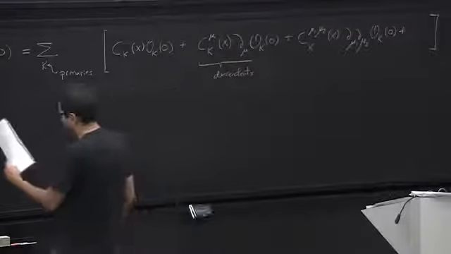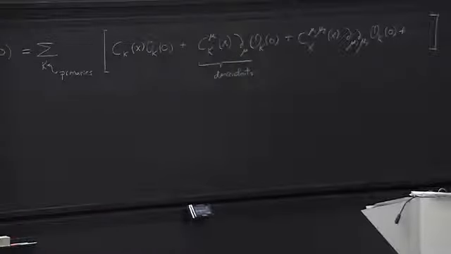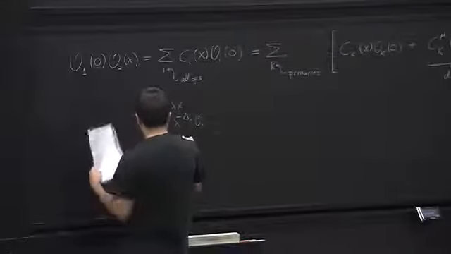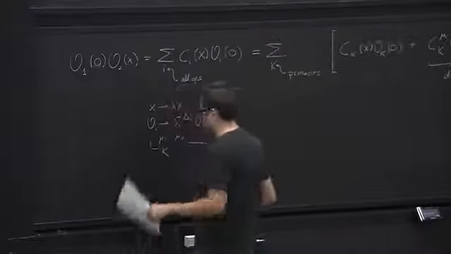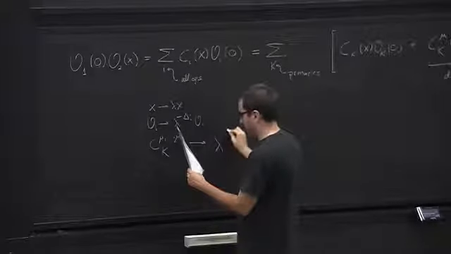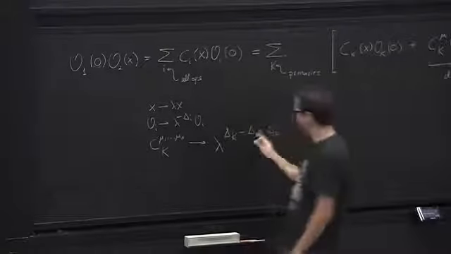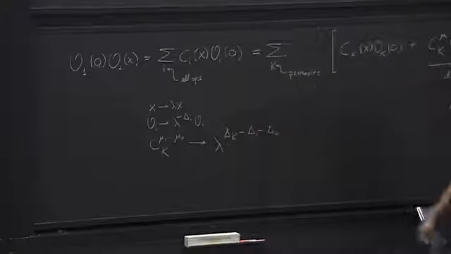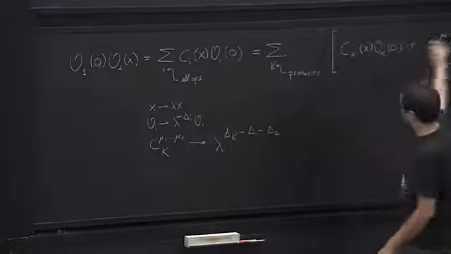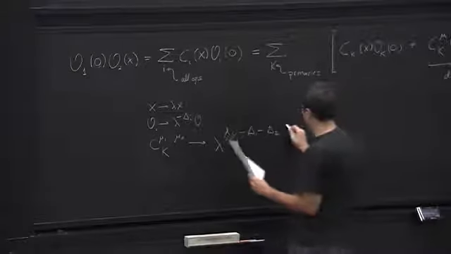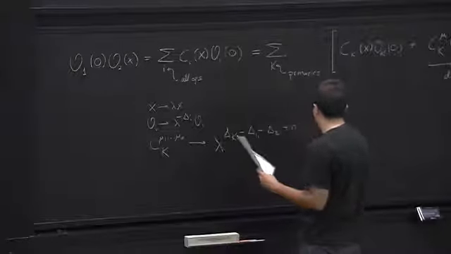So again, the statement is that under x going to lambda x, O_I goes to lambda to the minus delta_I O_I. So this C^{mu1...mu n}_k goes to, if you impose that the left and right hand side transform in the same way, lambda to the delta_k minus delta_1 minus delta_2, because the left hand side transforms with delta_1, delta_2. On the right hand side, there's delta_k, but then there's the number of derivatives, so plus n times C_k.